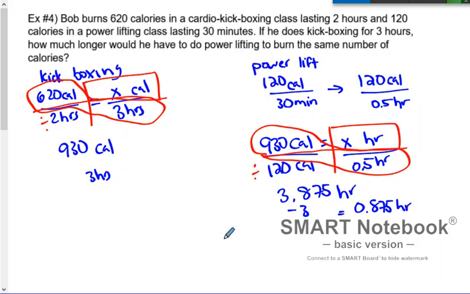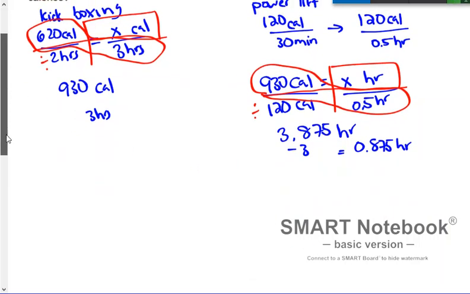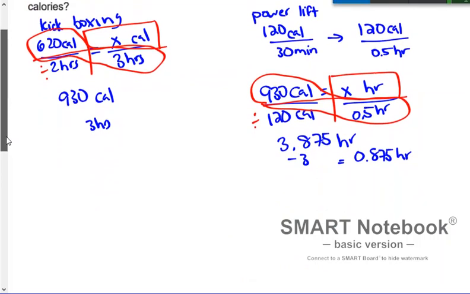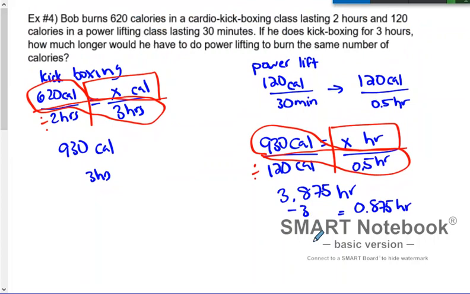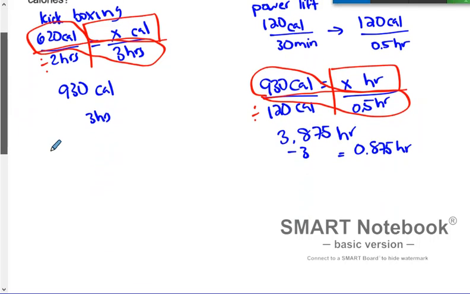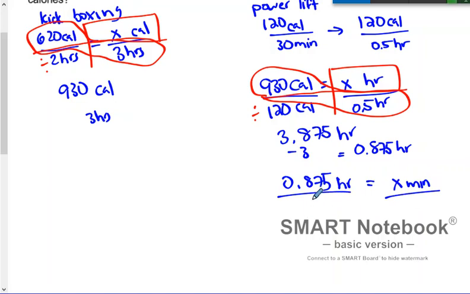So in order to figure out exactly how much longer that is, say we wanted to know how many extra minutes he would have to power lift, because you probably wouldn't say that to somebody. Okay, so we have 0.875 hours. Let's figure out what that is in minutes. Okay, so 1 hour is 60 minutes, making sure our units are nice and lined up.